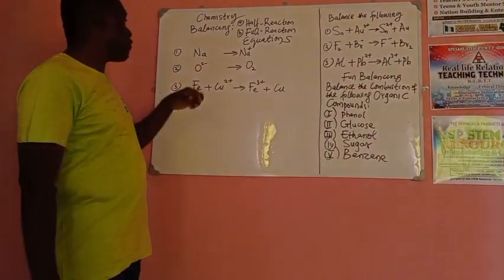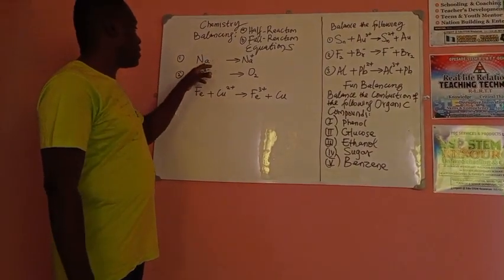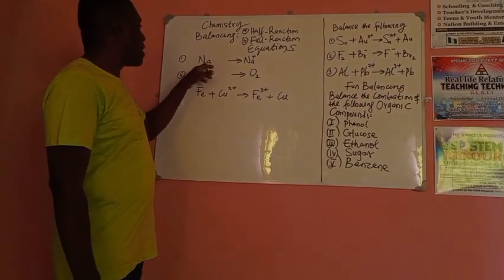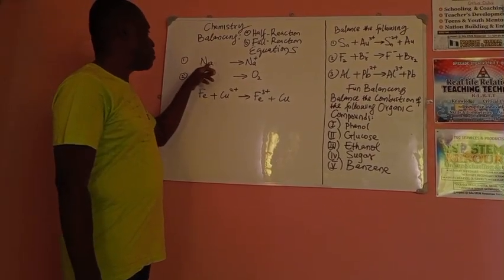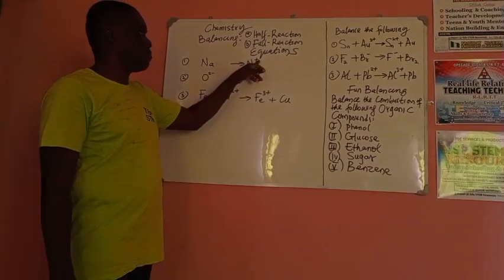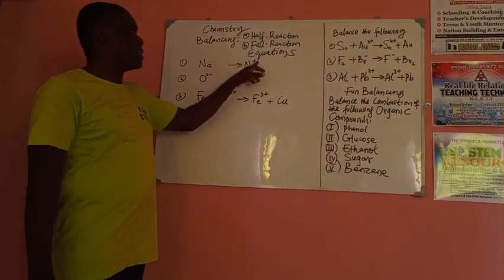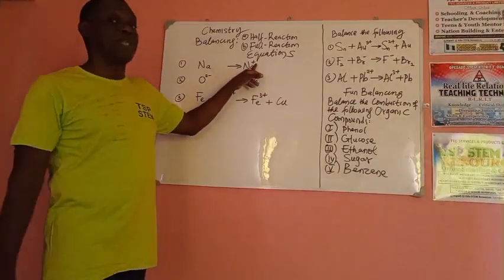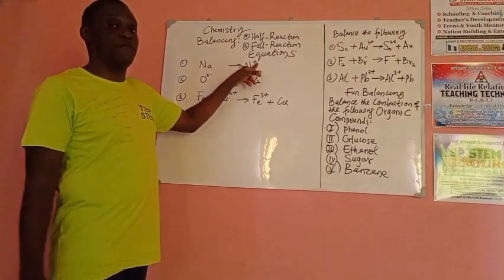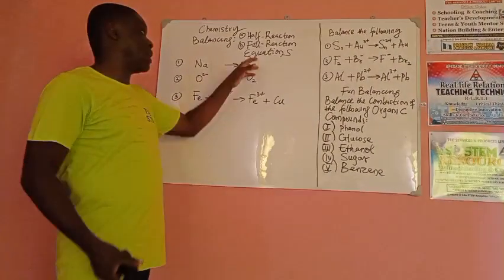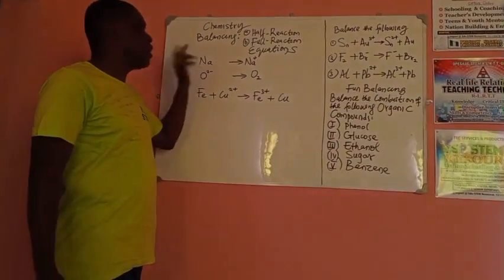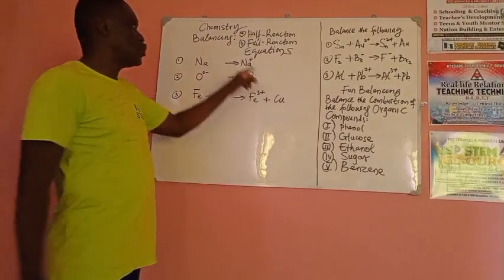So the oxidation number of sodium has increased from 0 to +1. When it is not ionized, it is 0. For metals, the ionized state is positive. If it's not a metal, it will be negative. So it means that sodium element lost 1 electron to be ionized.